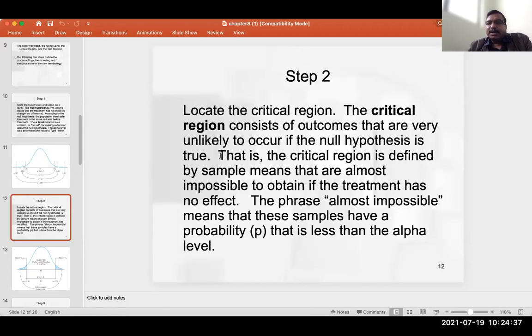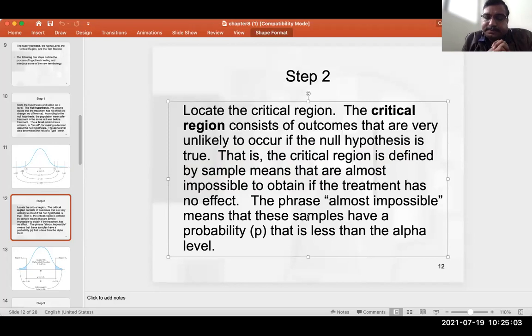Okay, that is the critical region defined with sample means that are almost impossible to obtain because there is very less probability, right? You can see it from this graph also. Here the probability is very less in falling in these regions. So the phrase almost impossible means a rare chance of happening, and that probability is known as the p-value, the probability of less than alpha.